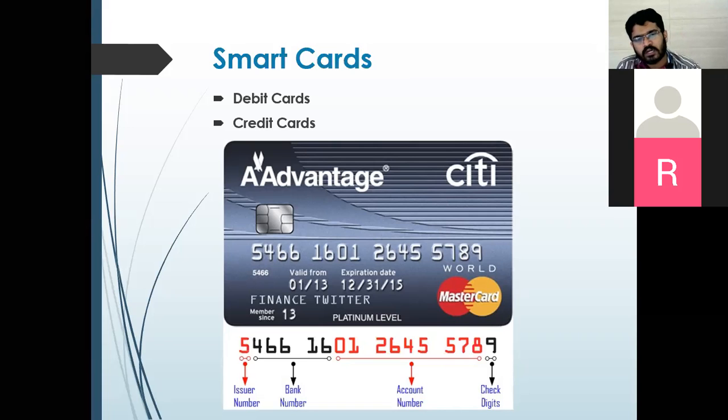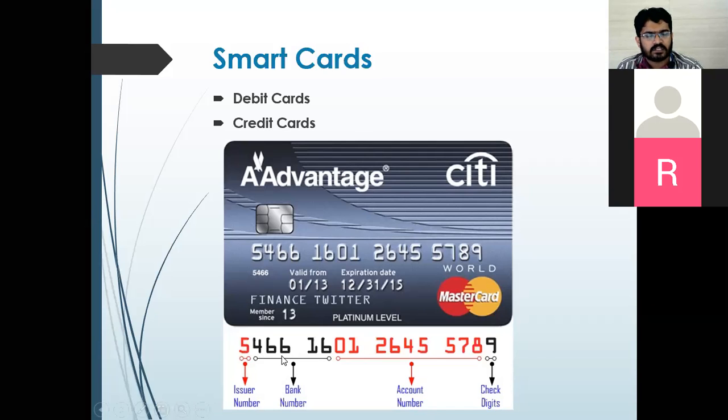Now, what are the various numbers on a credit card? These are the numbers on any debit or credit card, a 16-digit number, where the first digit represents the issuer's number, the bank that has issued it.